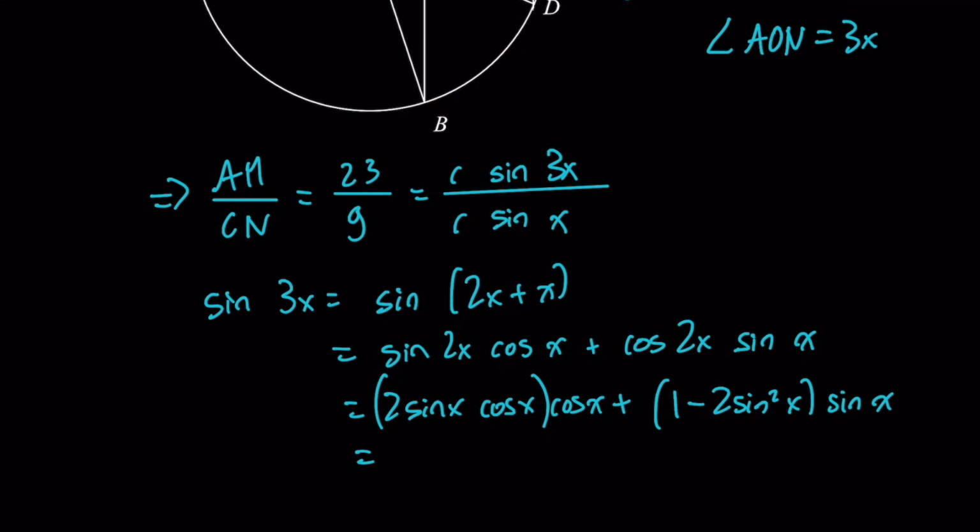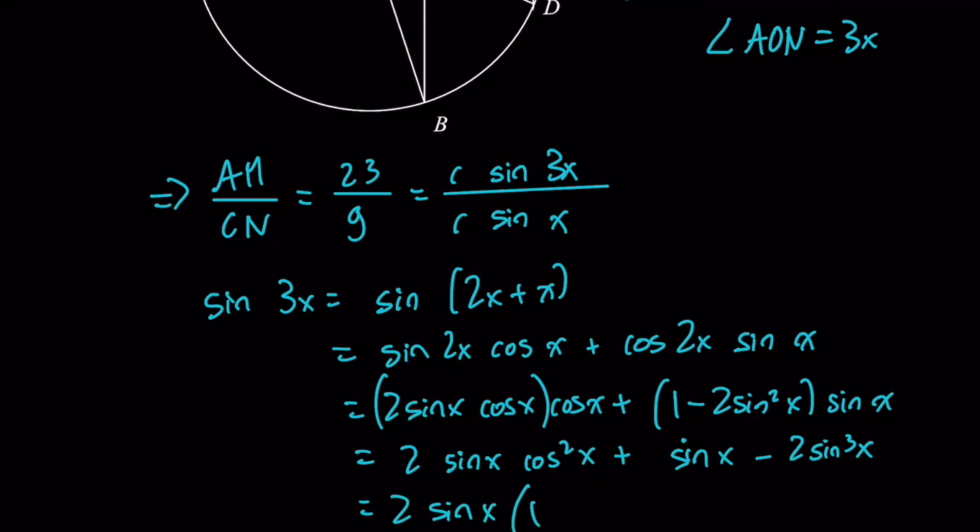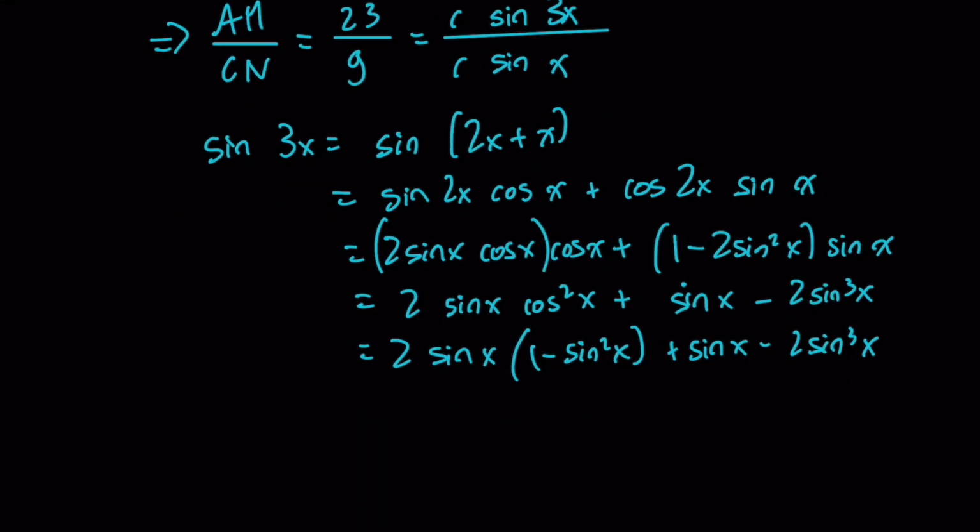From here we'll get 2 sine x cos squared x. This side will have sine x minus 2 sine cubed x. This cos squared, we can try to change it to be 2 sine x (1 minus sine squared x) plus sine x minus 2 sine cubed x.